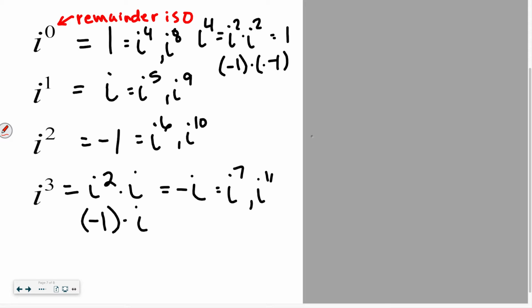Look at these numbers: 1, 5, 9, 13. If I divide those numbers by 4, 5 divided by 4, remainder is 1. 9 divided by 4, remainder is 1. 13 divided by 4, remainder is 1. Where do we see 1? In the exponent.